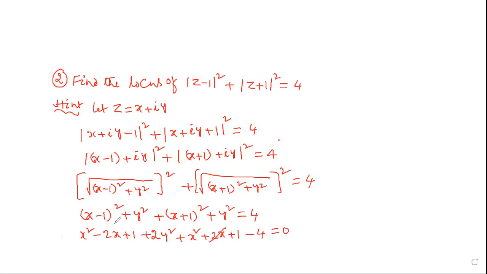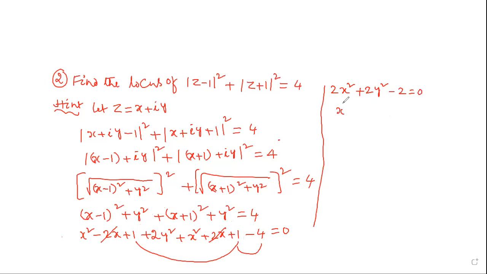Here +2x and -2x cancel. Now x² + x² is 2x², and y² + y² is 2y². 1 + 1 is 2, and 2 - 4 is -2, so 2x² + 2y² - 2 = 0. The 2 cancels: x² + y² - 1 = 0, so x² + y² = 1.